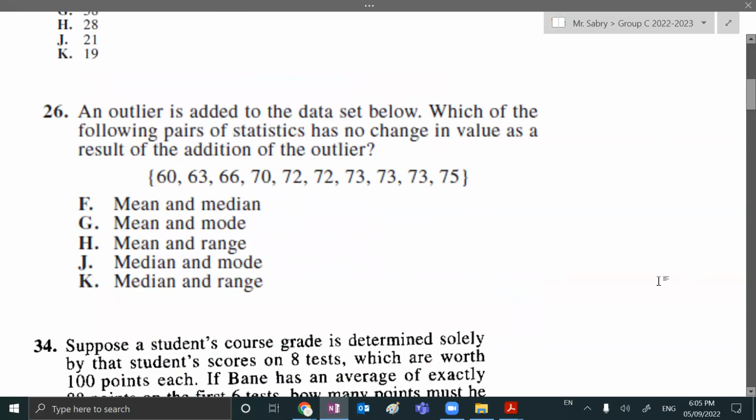Here's the first one. An outlier is added to the dataset below. Which of the following pairs of statistics has no change in value as a result of the addition of the outlier? What will not change? So the outlier is not added yet, it will be added.